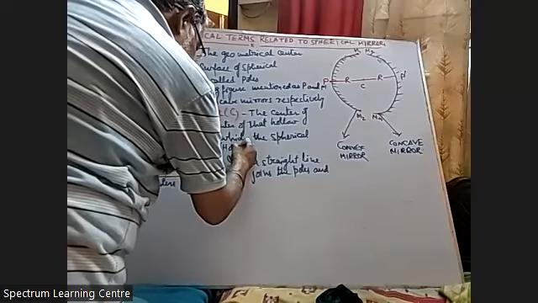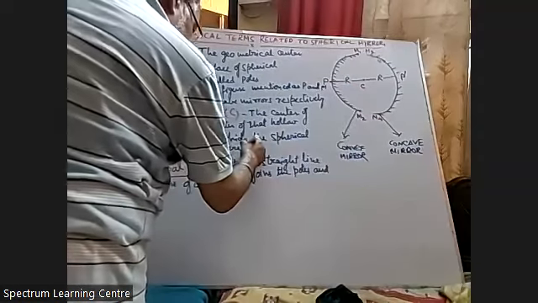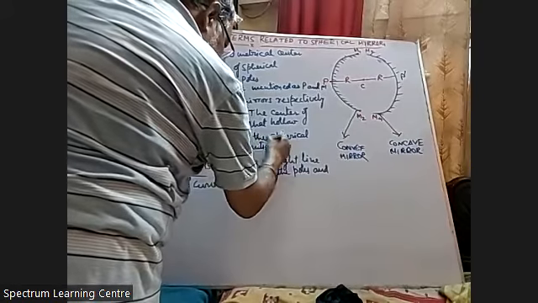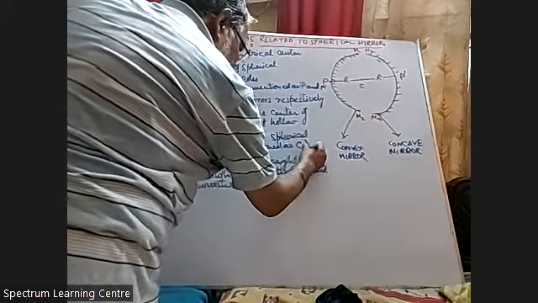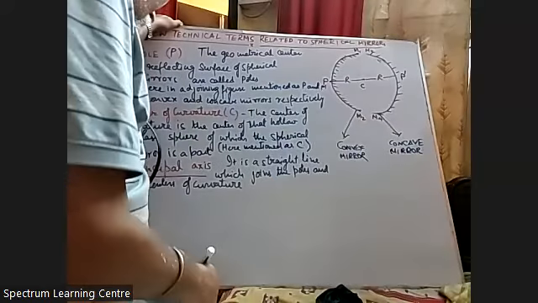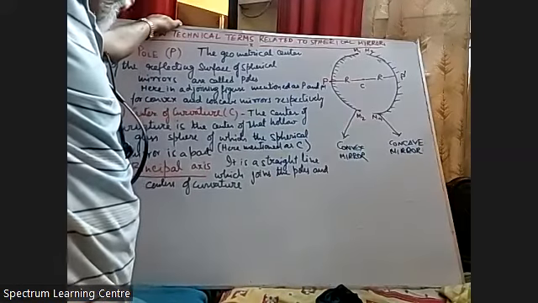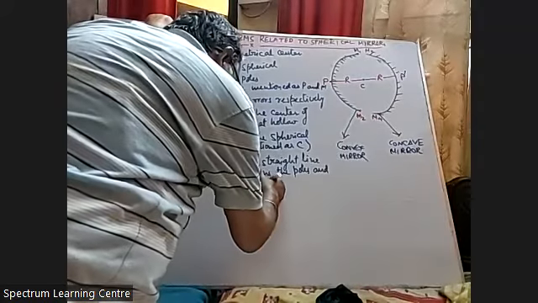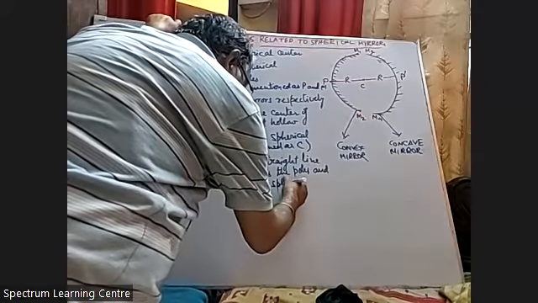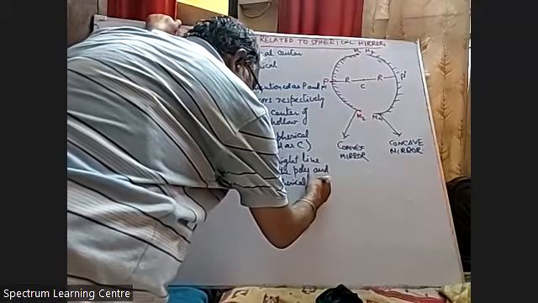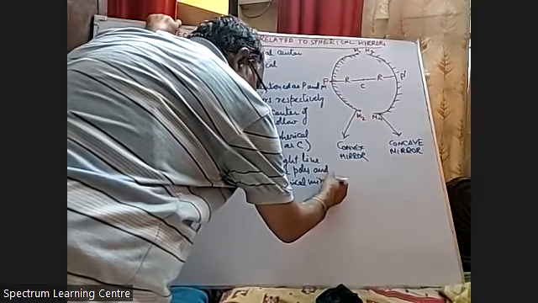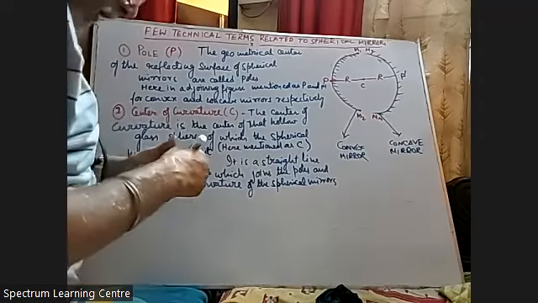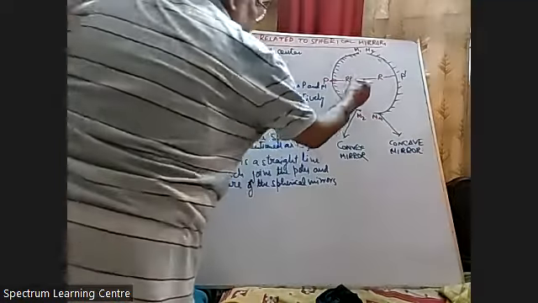Here pole is mentioned as P, and center of curvature is mentioned as capital C. It is the straight line which joins the poles and centers of curvatures of the spherical mirrors. I will write it R1 and R2.